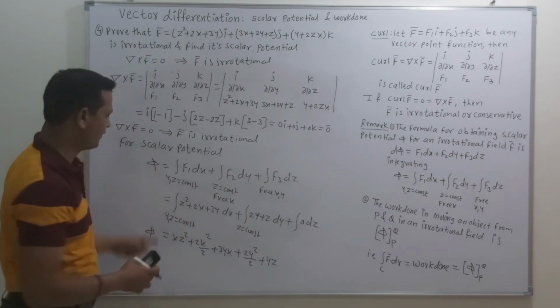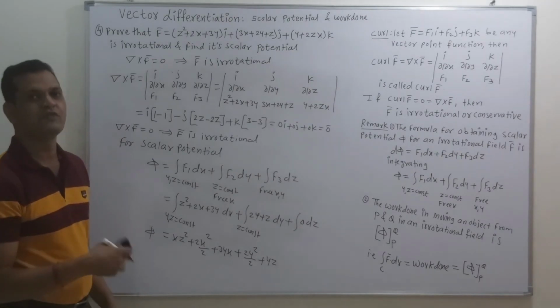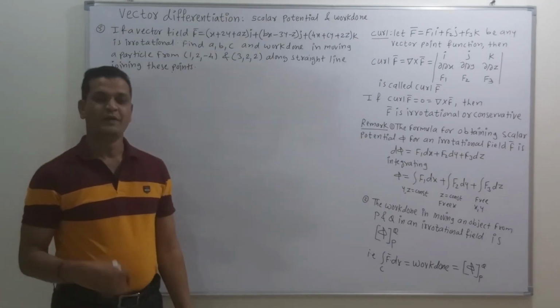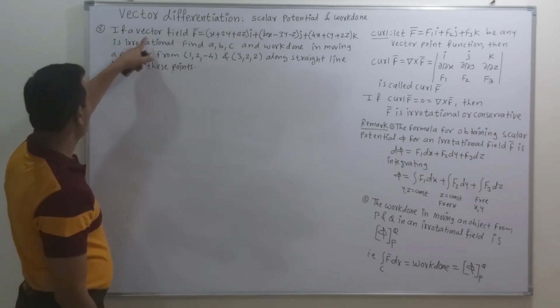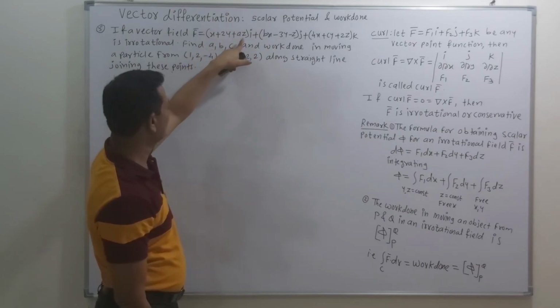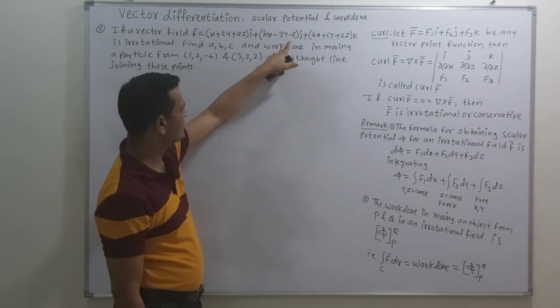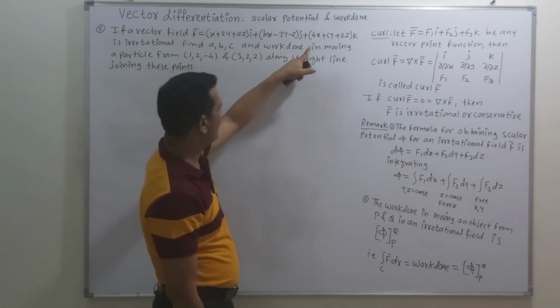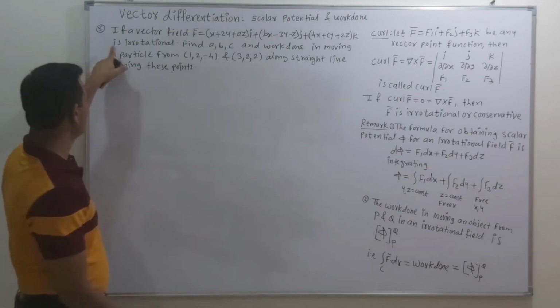Now this is the fourth example. Let's take the last example of this video lecture, which is the fifth one. Now friends, the last example of this video lecture is: if a vector field f bar is defined as (x plus 2y plus az)i plus (bx minus 3y minus z)j plus (4x plus cy plus 2z)k is irrotational.